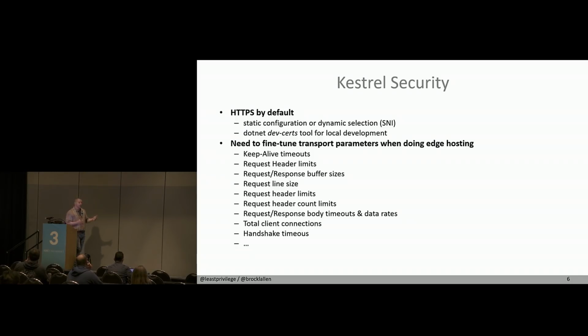If the bytes are being sent in too slow, that might be an attack, so you need to know what your cutoff limit is going to be. And when bytes are being sent out, are they not being read fast enough? All these little low-level things are what a network admin might be thinking about. So anyway, if you are taking on this responsibility of running on the edge, be prepared to get really, really familiar with this stuff, okay?